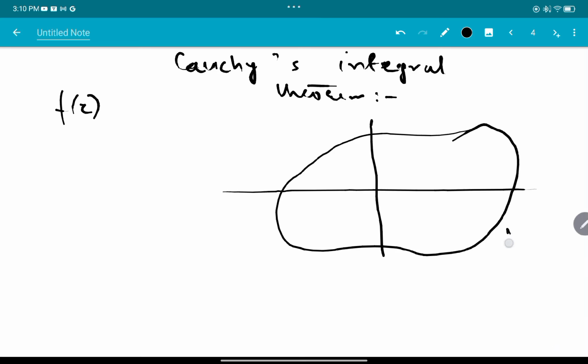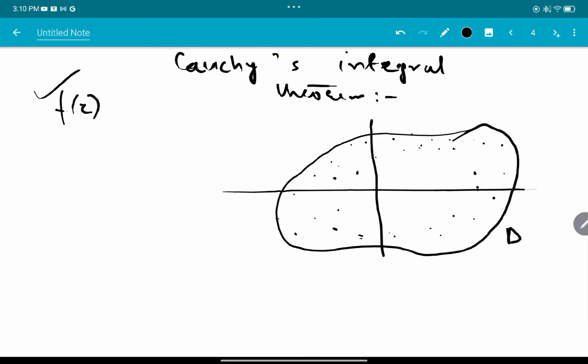Call this region, say, domain D. In this region, suppose f(z) is analytic. This is the region of analyticity, that means at every point of this region, f(z) is analytic.